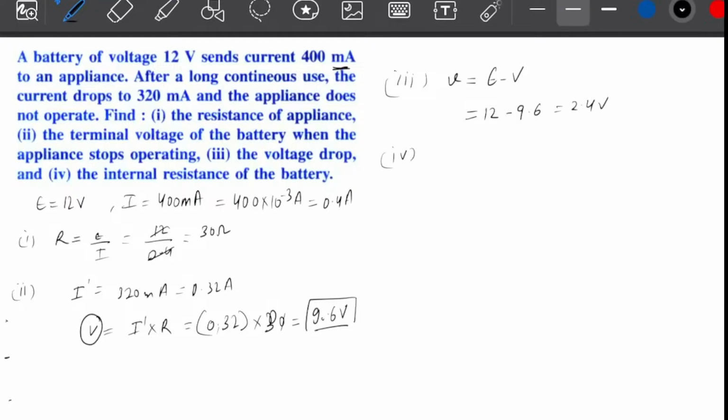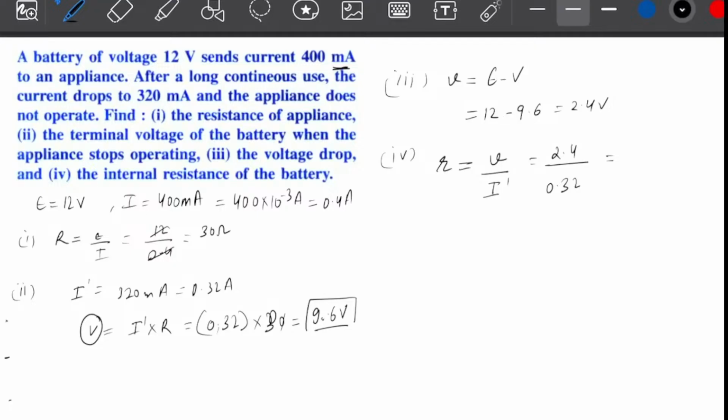The last part is internal resistance. So internal resistance r would be equal to the voltage drop over the net current. The voltage drop was 2.4 volts and the net current's value was 0.32 ampere.